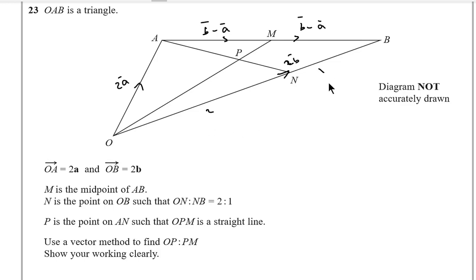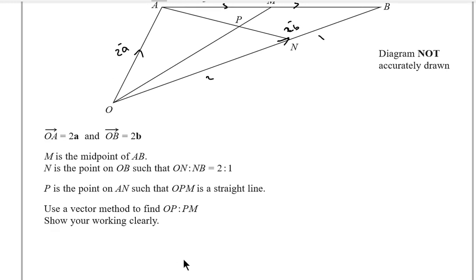So we can write ON vector is equal to 2/3 of OB, which is 2b vector, which means 4 over 3 b vector. Also, NB vector is 1/3 of OB vector, which is 2b small vector, okay?